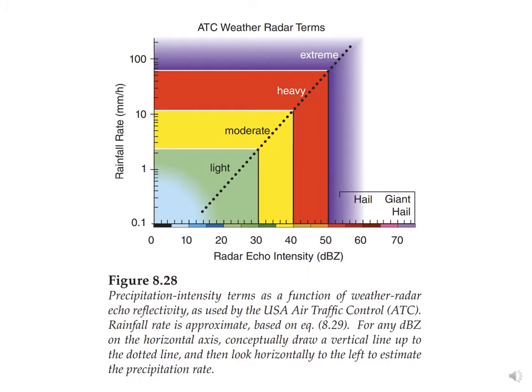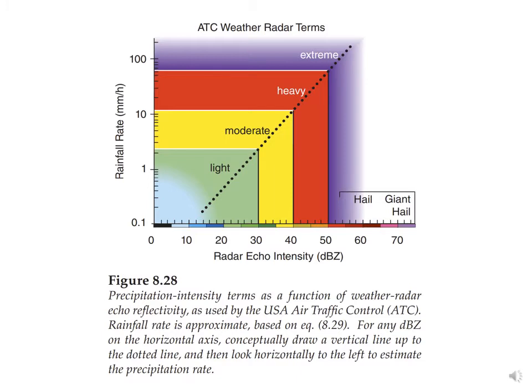So how do we describe the radar echo intensity in dBZ in terms of the rainfall rate? Once again, this is using one of the standard algorithms for the National Weather Service. dBZs up to 30 would be classified as light precipitation. Between 30 and 40 dBZ would be moderate.